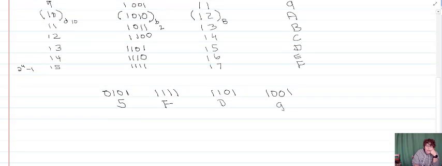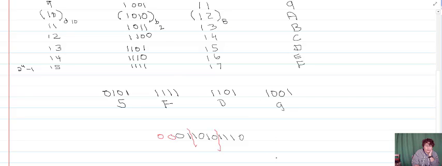Now, let's say I don't give it to you broken up into groups of 4. Then you start on the right-hand side, and you break it up into groups of 4. Here's my first group of 4. Here's my second group of 4. And if you want to, you can put zeros on the front to make your last group of 4, so that it matches what you have in the table.